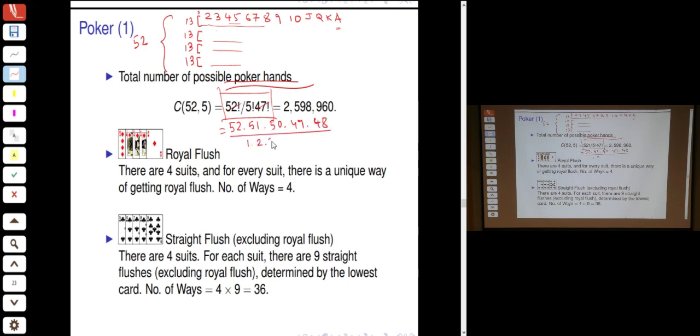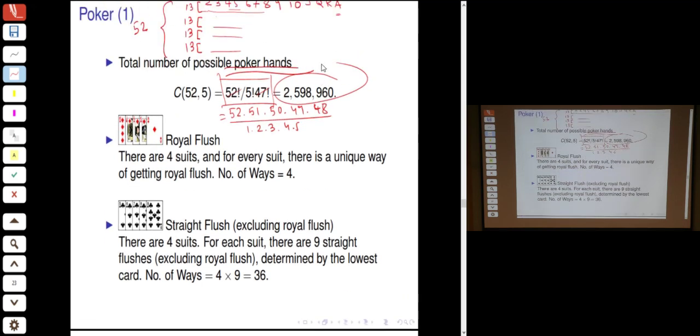So 1, 2, 3, 4, 5. This is now more manageable, and you can plug it into a calculator and calculate it to be 2598960. Okay. 52 factorial is beyond the reach of anything. Any questions?